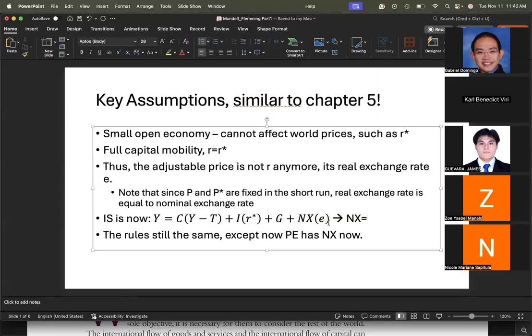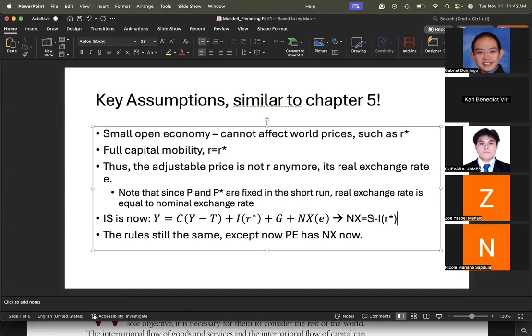Let me pause here to make sure everyone remembers that you can transform this equation for GDP or the goods market into what? Anyone? May chat. S minus I, right? Because S minus I, where I is now determined by R star, of course, right?